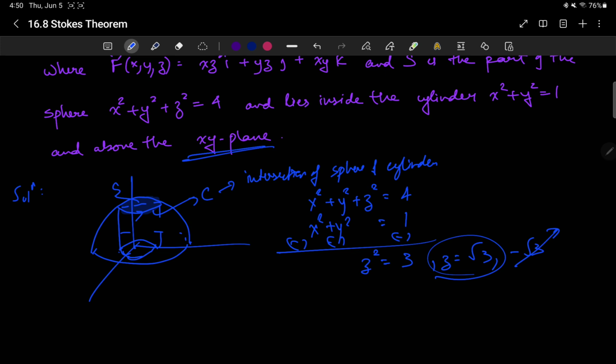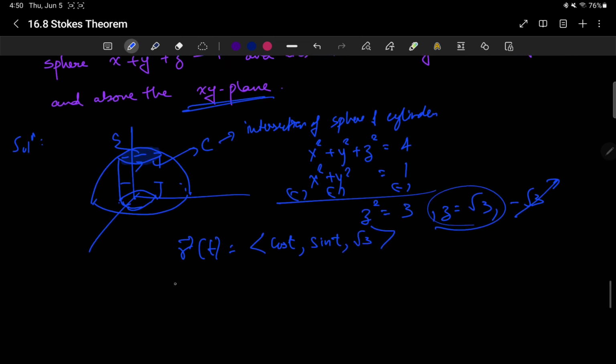So now I can parameterize this curve. It's a circle, right? But z is root 3. So we will use the most natural parameterization, which is cosine t, sine t, and then root 3. And we'll find the derivative, which is negative sine t, cosine t, and 0.